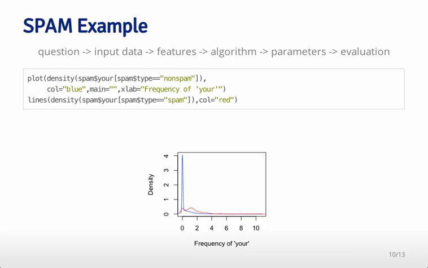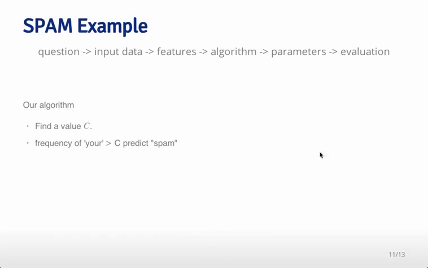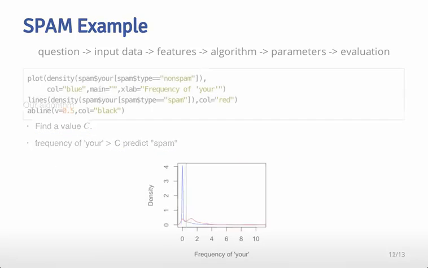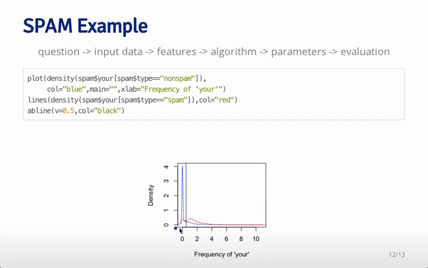So we can build an algorithm. In this case, let's build a very, very simple algorithm. We could estimate an algorithm where we just find a cutoff, a constant c, where if the frequency of "your" is above c, then we predict spam, and otherwise we predict that it's ham. Going back to our data, we could try to figure out what the best cutoff is, and here's an example of a cutoff that you could choose.